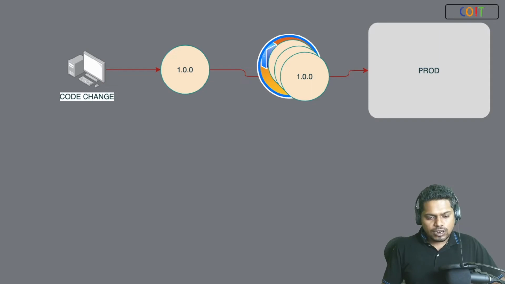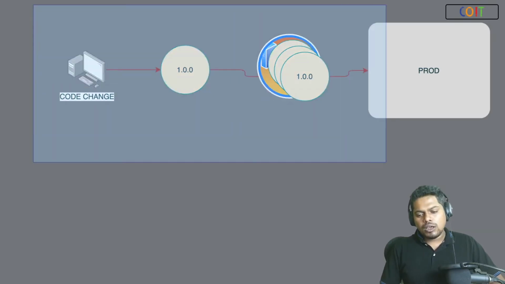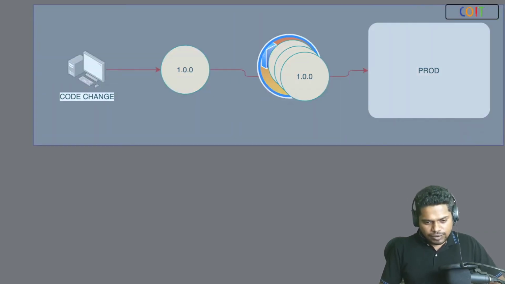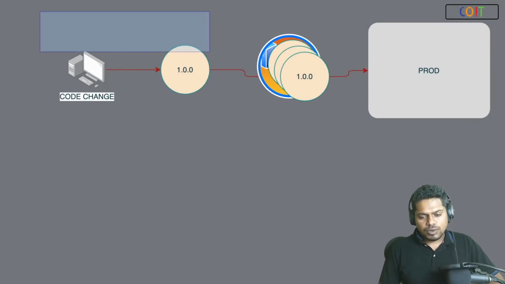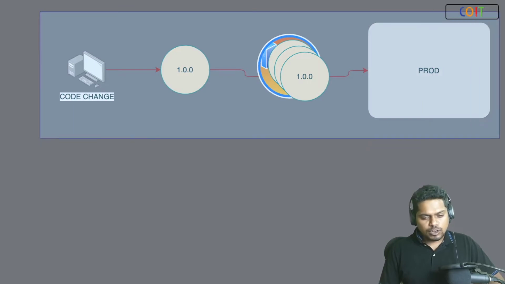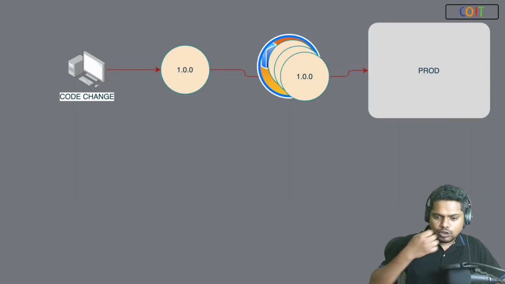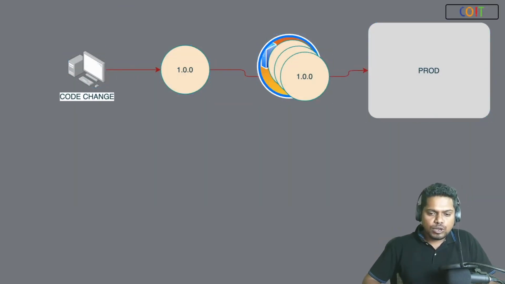And a DevOps engineer should not need to spend a single minute for this process. Of course he has to develop this process, which is not an easy thing to do, but otherwise every time there is a code change, a DevOps engineer should not be doing any manual job. That should not be the case, right? So this is important. You should develop a proper automated system, and you not only have to develop it, you have to continuously manage it also, because the requirement will keep changing, right?